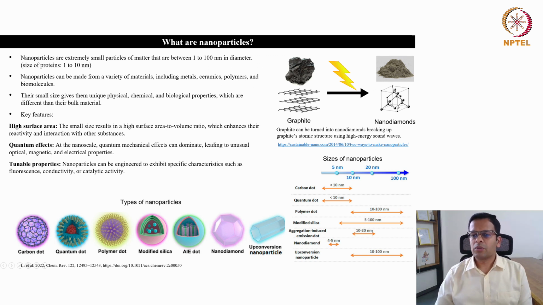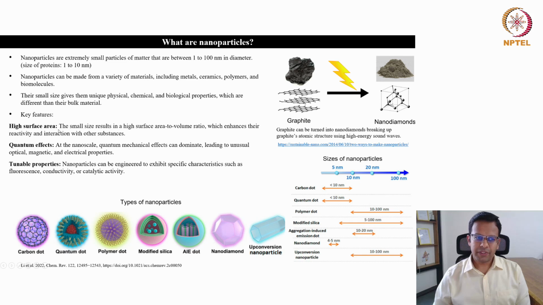Here you can see the size of the nanodiamonds, around 4 to 5 nanometer. This is actually made from graphite only, but because of its small size, it has unique physical, chemical, and biological properties which are different from graphite.